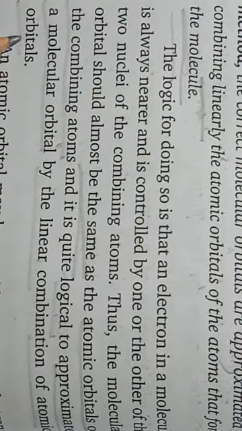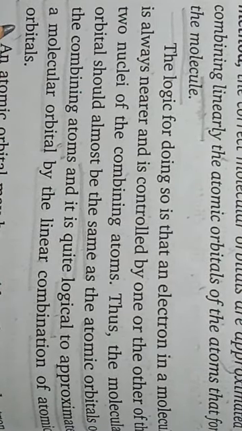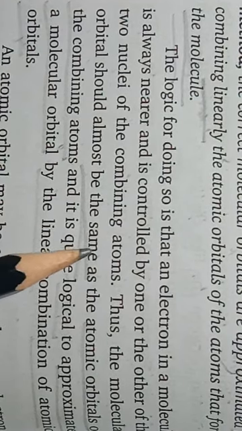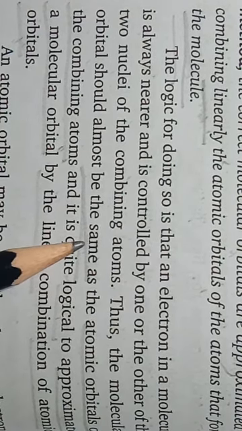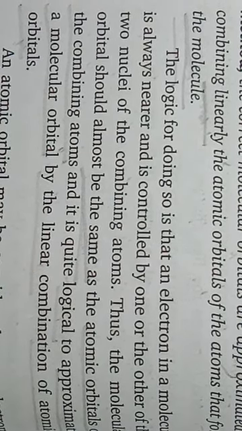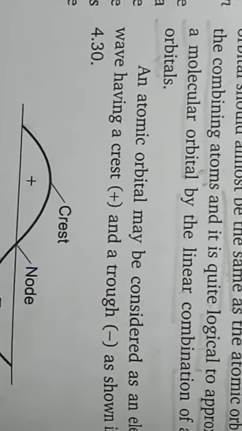So if we consider the linear combination of atomic orbitals for the formation of molecular orbitals, then the molecular orbital can be comparable with related atomic orbitals, and that is why this consideration is logical also.